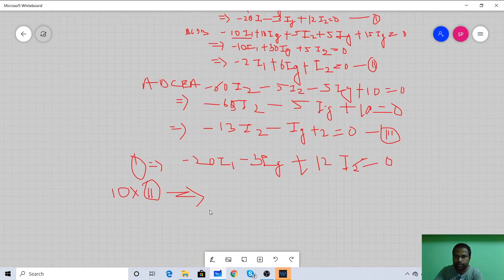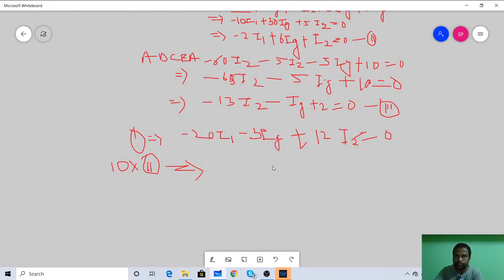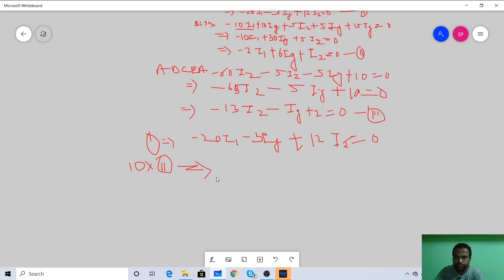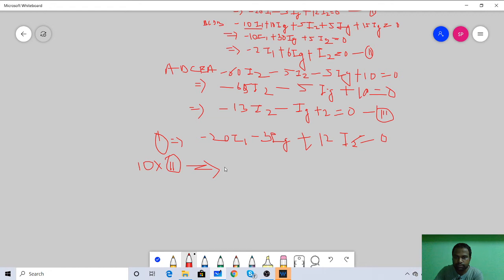You can see this will become minus 20 I1 plus 60 Iz plus 10 I2 is equal to 0. Now I will subtract it.